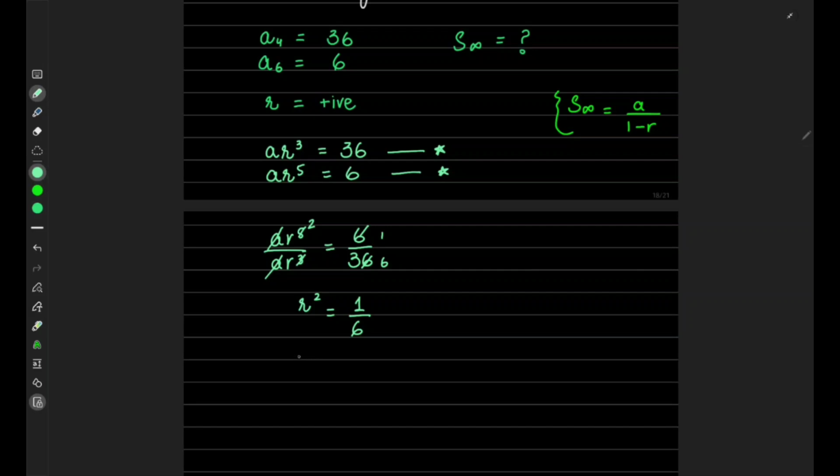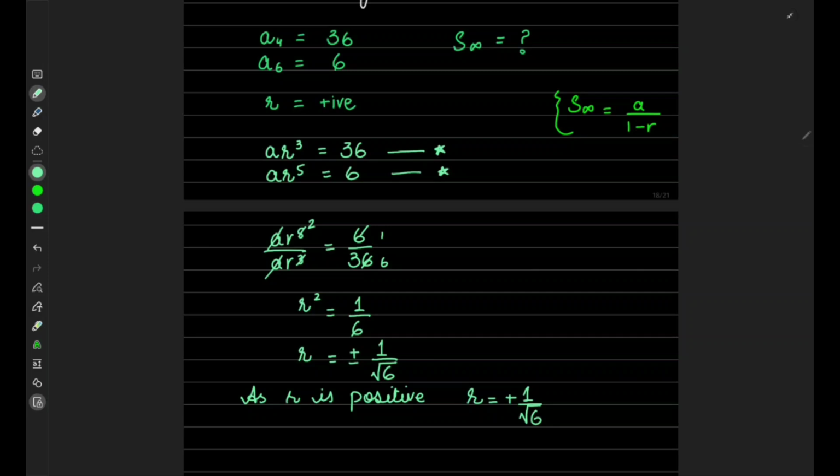Now if we take the square root on both sides, r will be equal to plus minus 1 over root 6. As r is positive, given to us in the question, r will be equal to positive 1 over root 6.